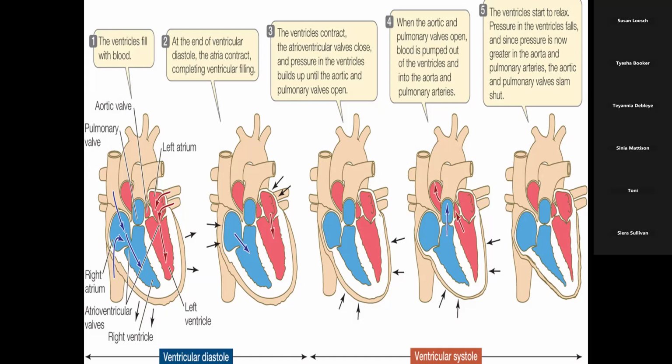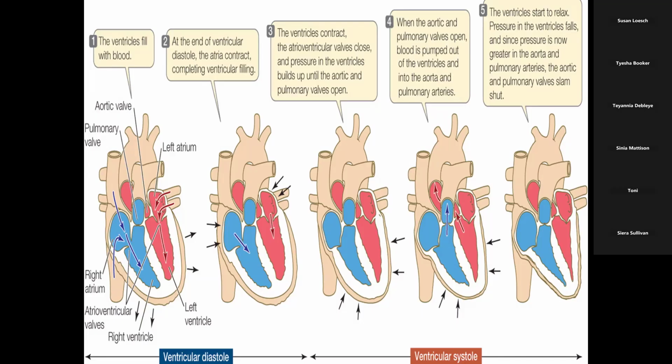One's filling up with blood from the body that is not oxygenated, and the other one is filling up with blood from the lungs that is oxygenated. So both atria, right and left, are filling at the same time. Remember, both atria will fill up completely before those valves are going to open.